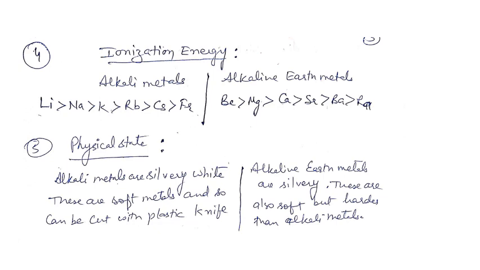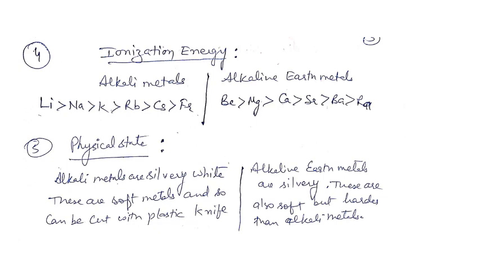The next is physical state. If we see in which state or color they are present, alkali metals are silvery white in color. These are very soft metals, so they can be cut with a plastic knife. We can cut sodium and potassium.